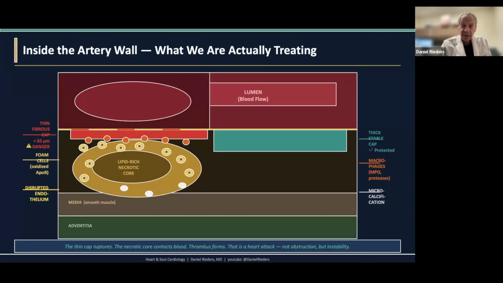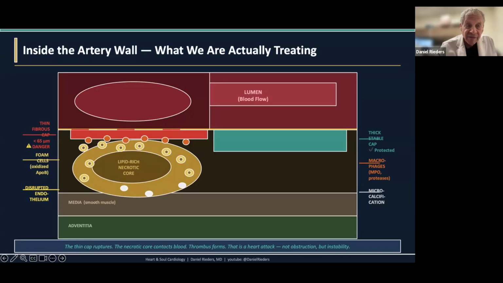So I put this picture in here. What is important in an artery is that there is an inside and an outside of the artery. The inside of the artery is where the blood flows. And so when we have this plaque inside the artery wall, for instance, when it becomes vulnerable, not just a regular plaque, on top of this is a cap on top of the plaque.